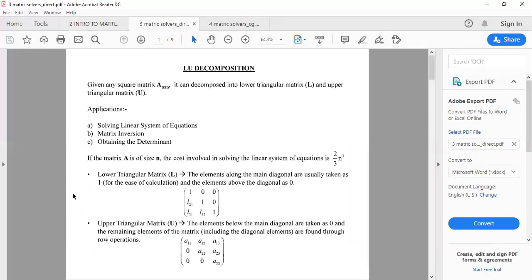As I told you, there are other direct solvers apart from the Gauss elimination method, tridiagonal matrix algorithm, and pentadiagonal matrix algorithm. LU decomposition is one direct solving technique wherein the coefficient matrix A is decomposed into a lower triangular matrix and an upper triangular matrix of this form.